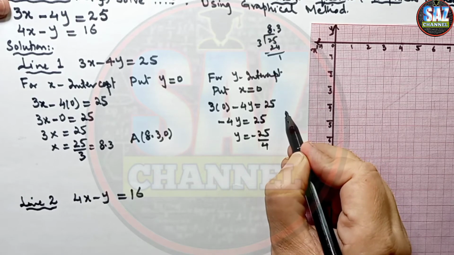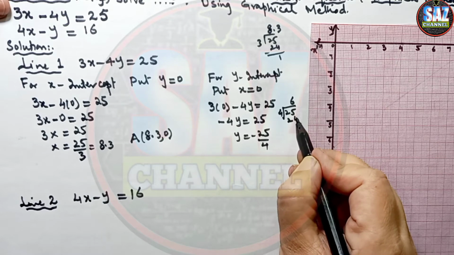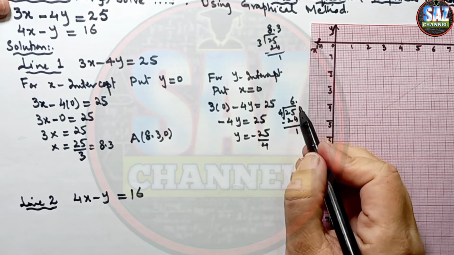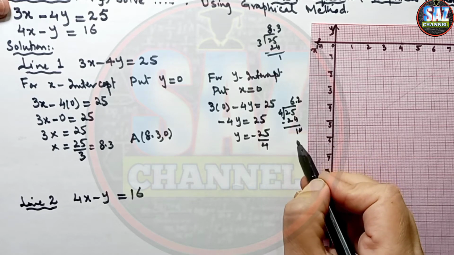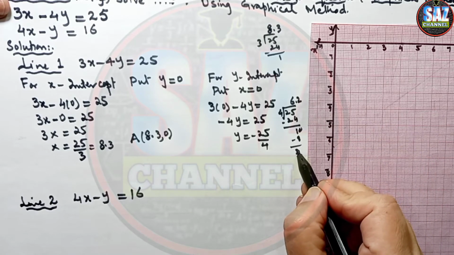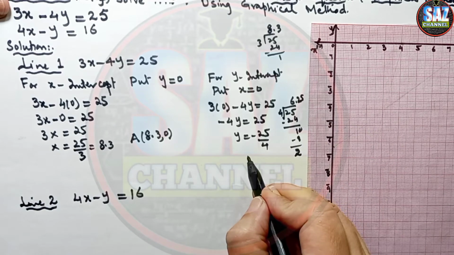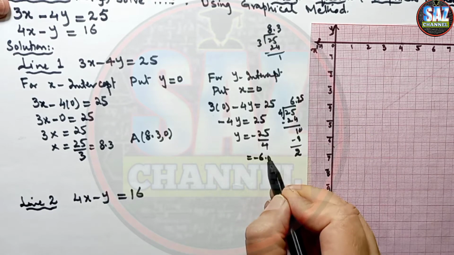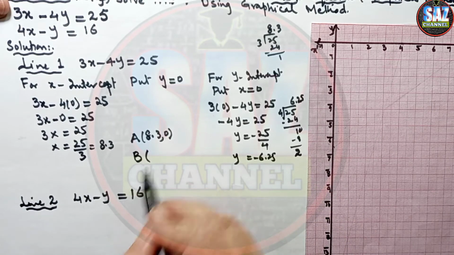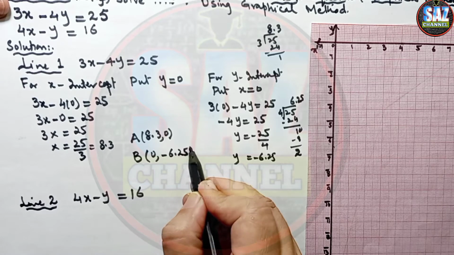Dividing 25 by 4: 4 6s are 24 and I'm left with 1, then 4 2s are 8 and I'm left with 2, and 4 5s are 20. That gives 6.25. So the second point, B, will be 0 with minus 6.25, or around 6.3.